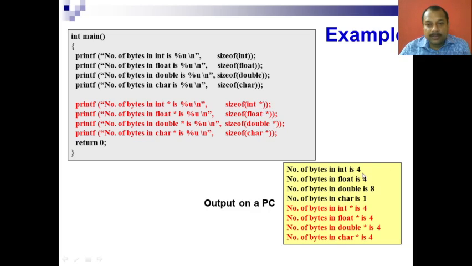Now you see that for integer and float it takes 4 bytes to store, for double it takes 8 bytes, for character 1, but when it is about the address, it is 4 bytes corresponding to each variable. So that's why I mentioned that a pointer variable will be stored in 4 bytes as an unsigned integer, irrespective of the data type of the variable for which the address is being stored.